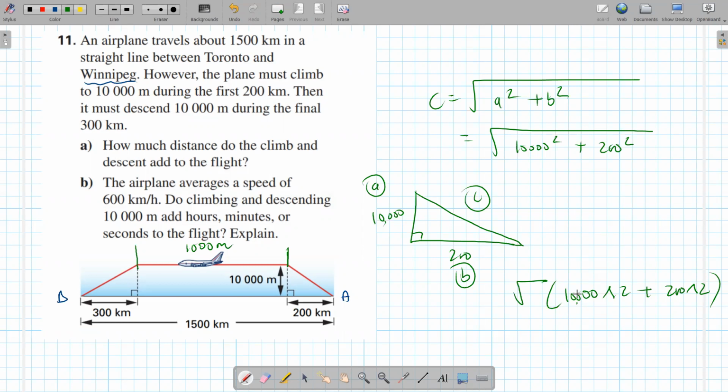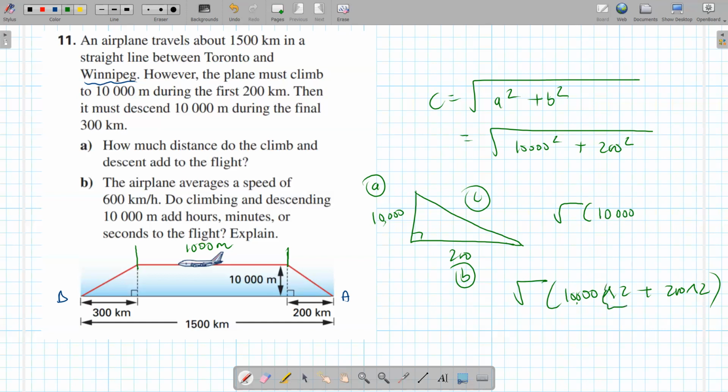You're having trouble with the big numbers? You're using the big calculator, not a scientific calculator? It is a scientific calculator. All right, so here, just do what I do. Press the square root button, open a bracket, type in 10,000, so that's 1 with 4 zeros after it.